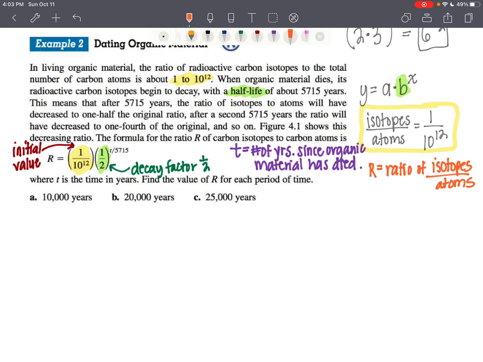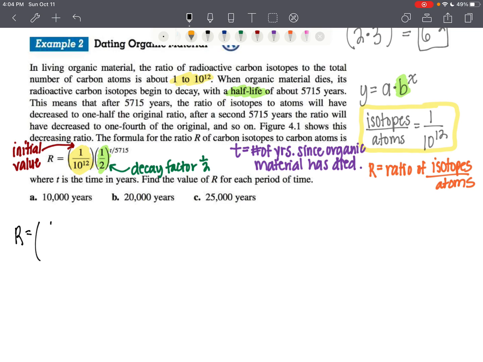It's gone through 1 full half-life, but it has almost a second one, but not quite a second one. So this is how we calculate the R value, which is your ratio of carbon isotopes to carbon atoms.